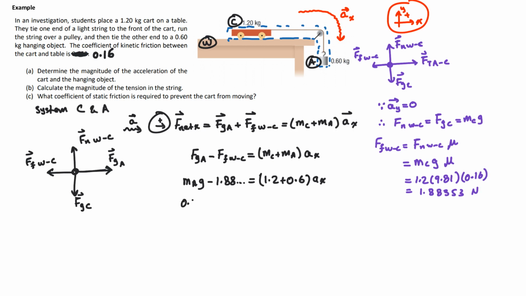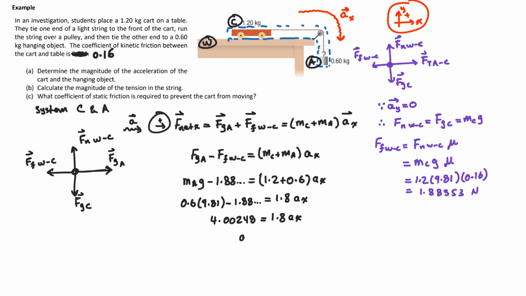Mass A is 0.6 multiplied by 9.81 minus 1.88 is going to equal 1.8 times AX. I will do this on my calculator. 0.6 times 9.81 minus the exact value there, 1.88, will equal 4.00248. And this is going to equal 1.8 AX.